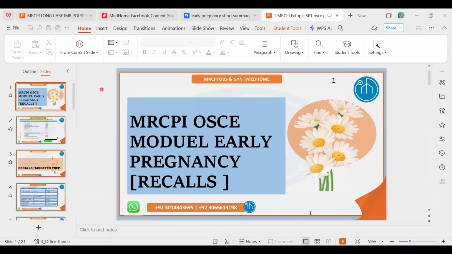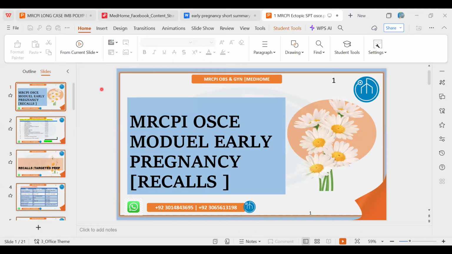But we believe that when you start your preparation, you should start in a very targeted way. You should do recalls first. So we are changing the history of MRCPI courses. Every organization will teach you routine cases, and then launch a separate course which you have to subscribe to separately near the exam, when you are already in stress.